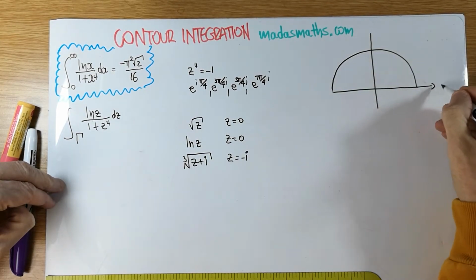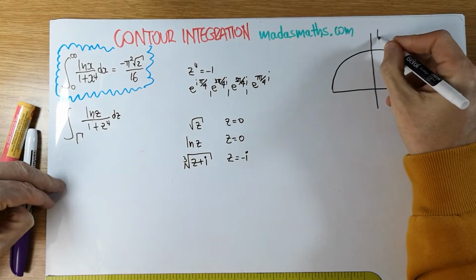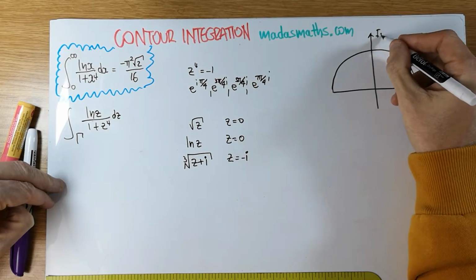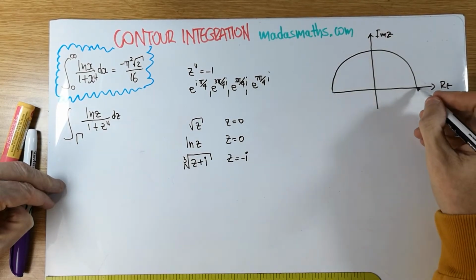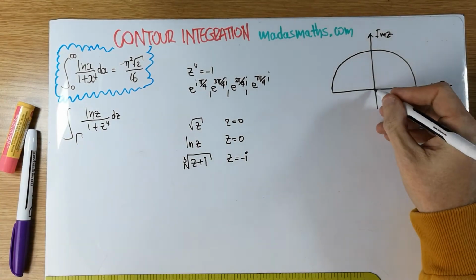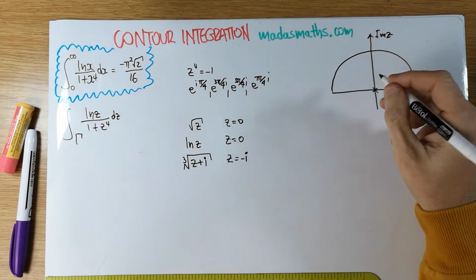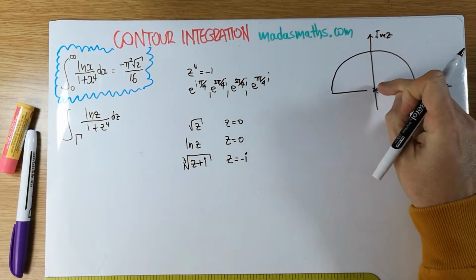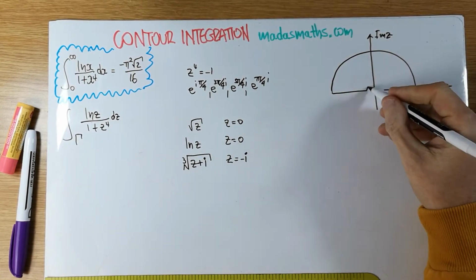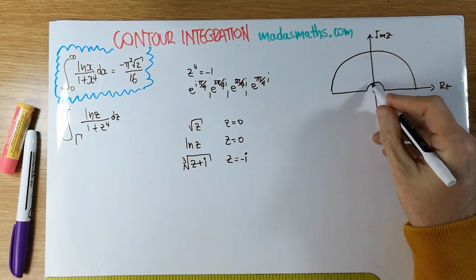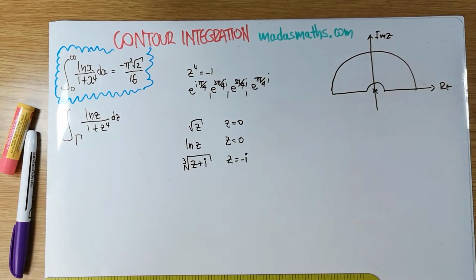Let's put real and imaginary axes in z. The problem is the branch point, so we're going to go through it, and therefore we must indent, so we can take the origin out with a little semicircle as per usual, of radius epsilon.